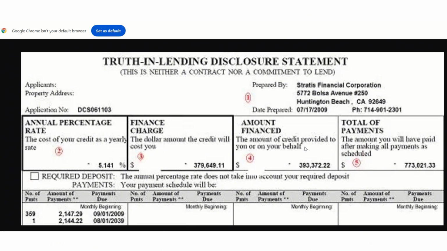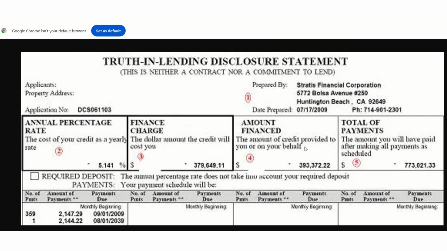So that would be 773, 21.33, times two. That would be 1,546,142.66, just for that, plus the $5,000 for the criminal liability. That's a bag right there.